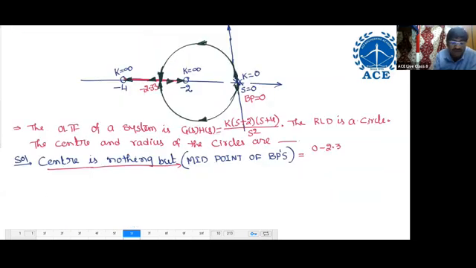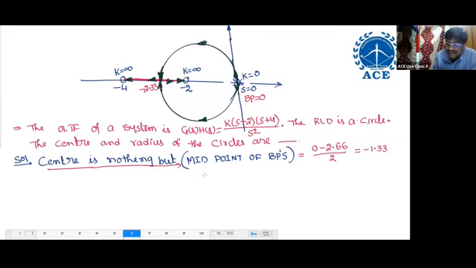So 0 minus 2.66 divided by 2 means minus 1.33 is the center.